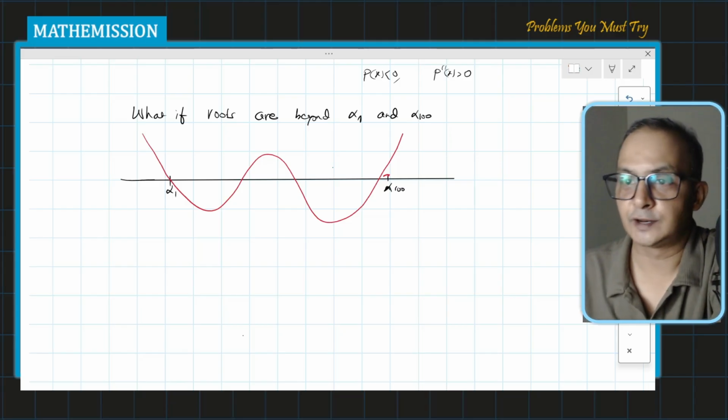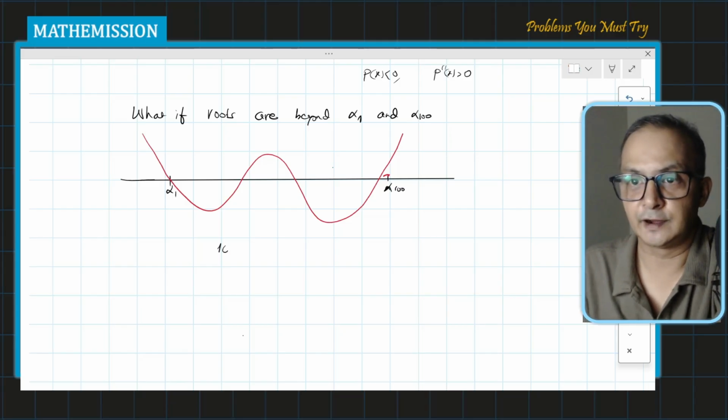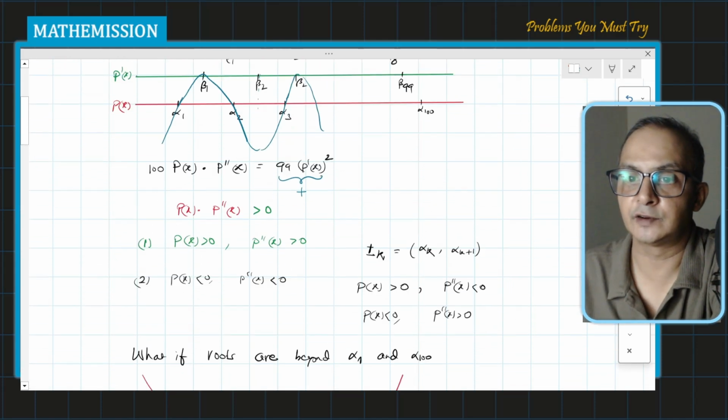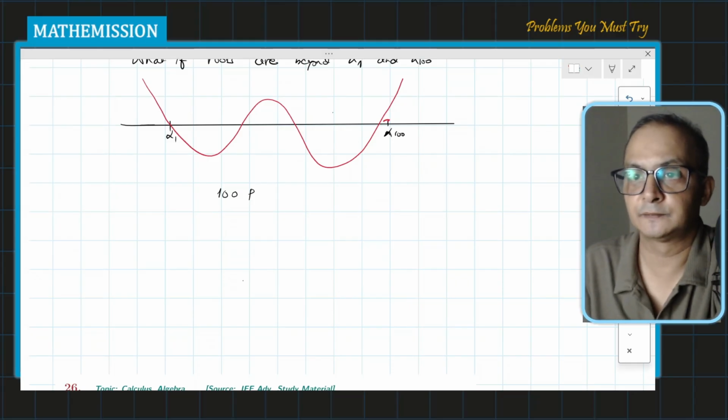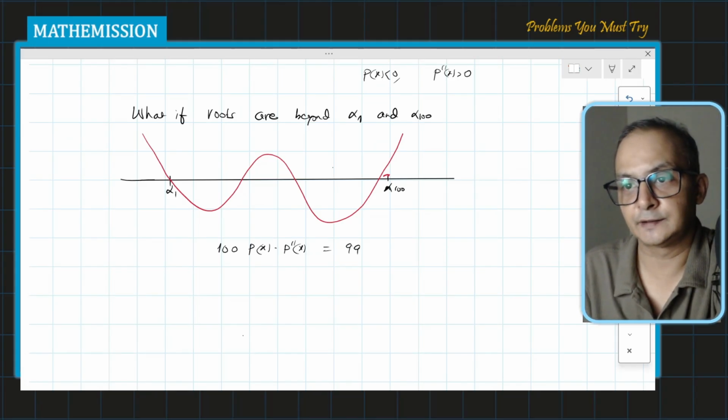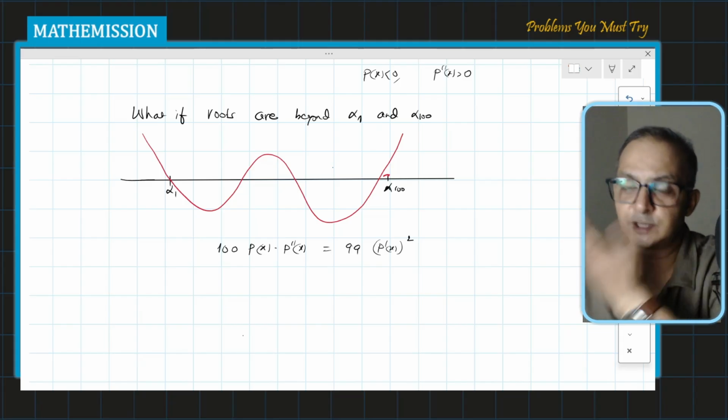So let's try to analyze this situation. I have the 100 or 99, let me just again check it. p(x) times p''(x) is equal to 99 p'(x) square. Now let's try to analyze.